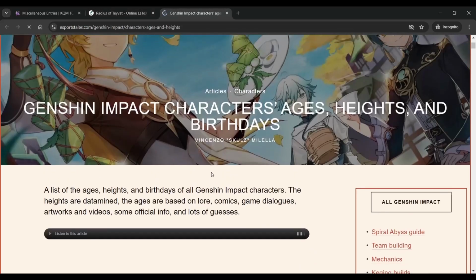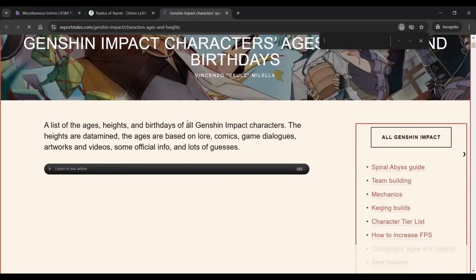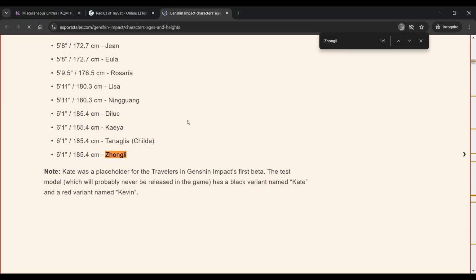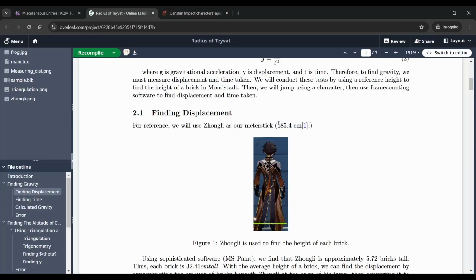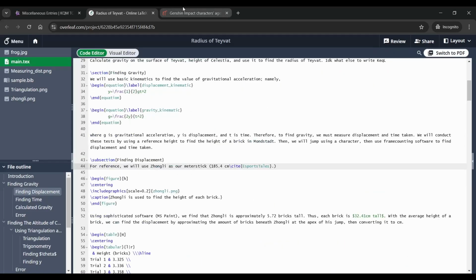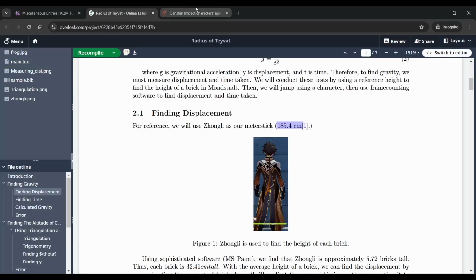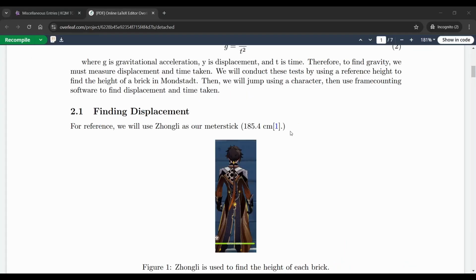We go to this website, let's see, Zhongli. Okay, so yeah, they basically got it on here. I'm not too sure if the player's height or the character heights are accurate to what the scale is in game. That is a bit of a problem. I don't know if 185.4 centimeters is how tall Zhongli is in game. So that could be a source of error.